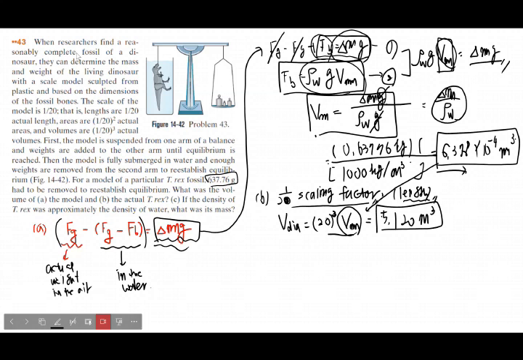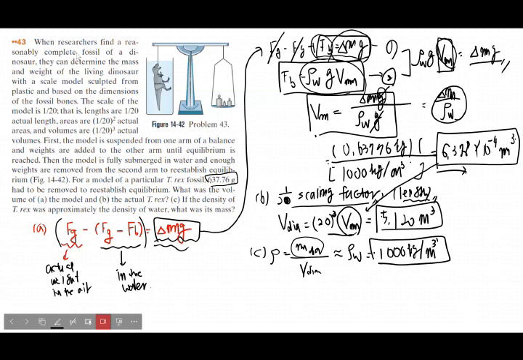Okay, number C. If the density of a T-Rex was approximately the density of water, what was its mass? Well, you just need to apply the definition of density. The density itself is mass divided by volume. So you divide the mass of the T-Rex by its volume, and that should be the same as water, which is 1,000 kilograms per cubic meter.